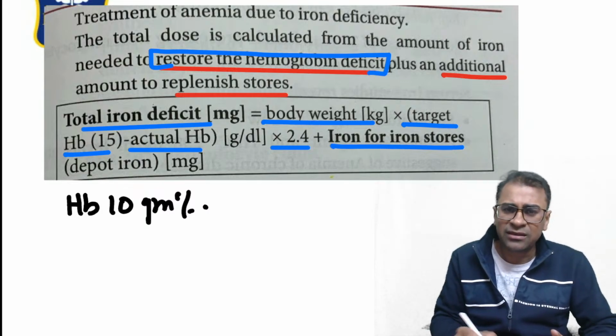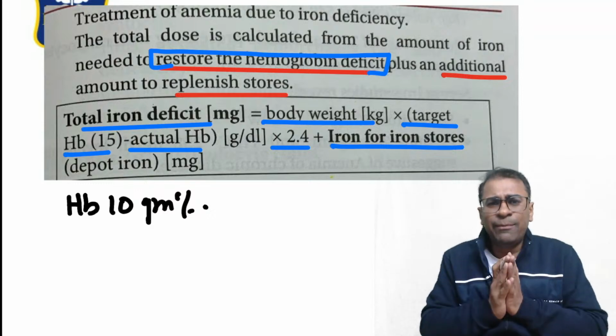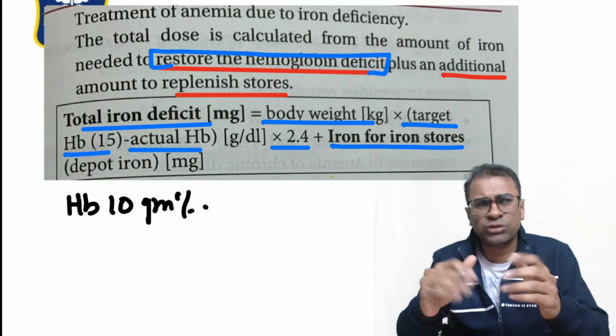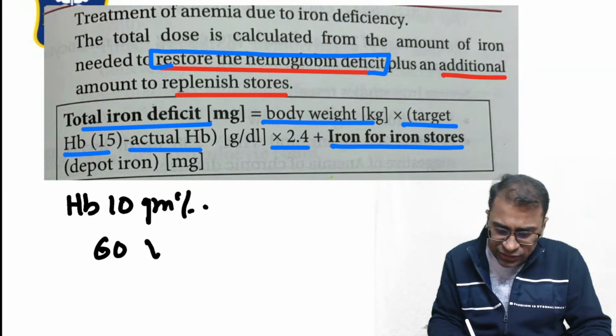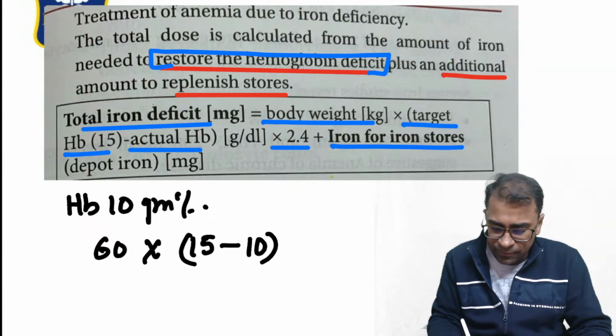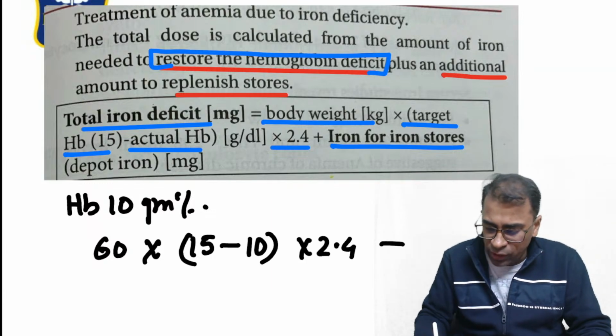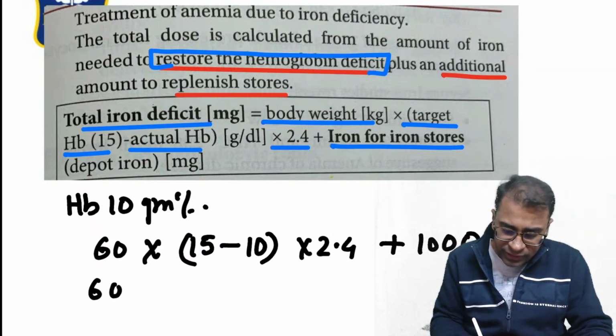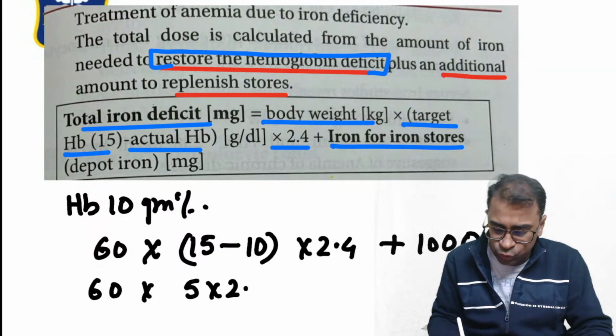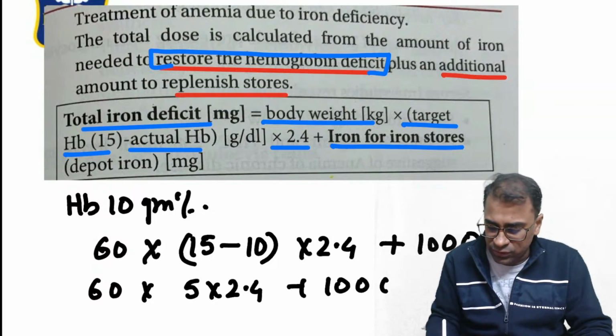Body weight मान लेते हैं 65 kgs. अब थोड़ा सा easy कर लेते हैं, 60 kg. ठीक है? 60 kg into what is the hemoglobin? 15 minus 10 into 2.4 plus 1000 हम बाद में ऐड करेंगे. तो how to calculate? 60 into 5 into 2.4 plus 1000.